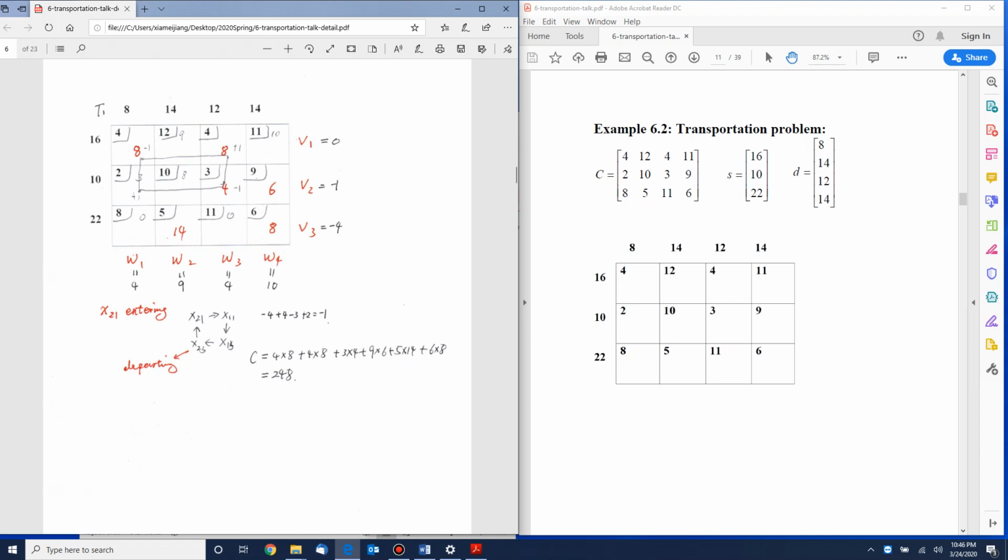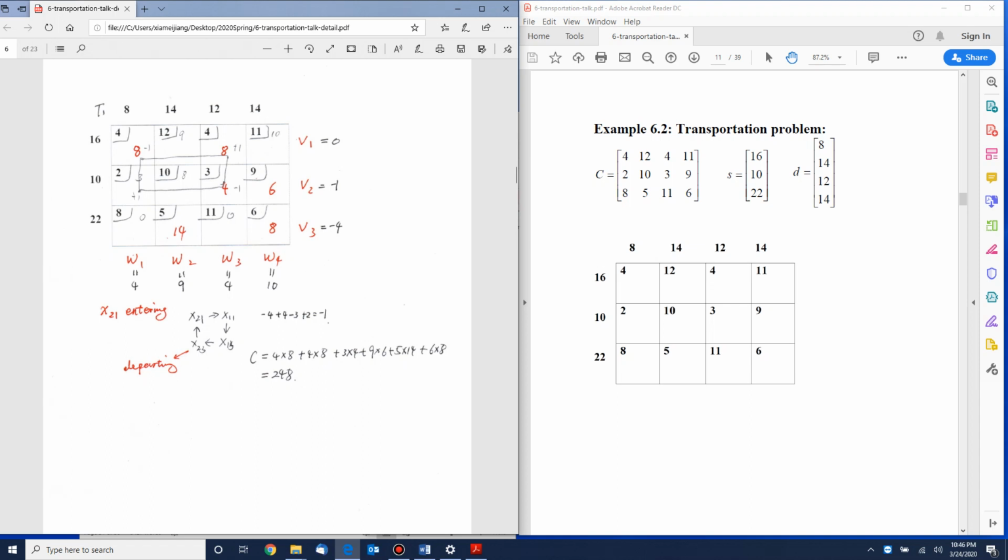In the second row, we know that 2 is the cheapest price. However, in market 1, column 1, we are already full, right? We already have 8 there. So market 1 is done. Now we choose the second cheapest one, that is 3.